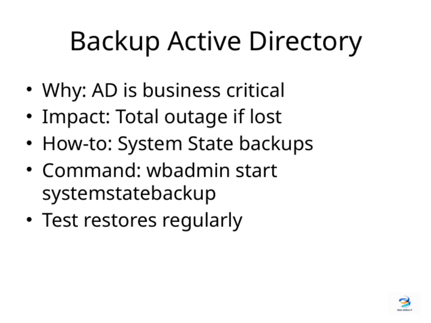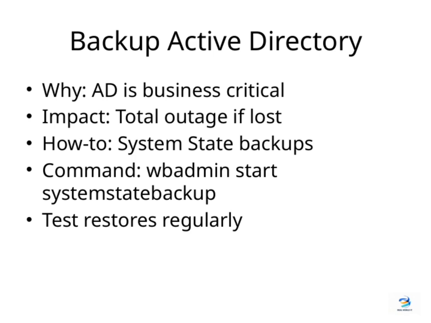One of the most effective methods is performing system state backups regularly. This way, we can restore AD without losing all our configurations and data. To do that, we use the command wbadmin start systemstatebackup. It's straightforward but powerful, making sure we have a reliable backup to fall back on when needed.